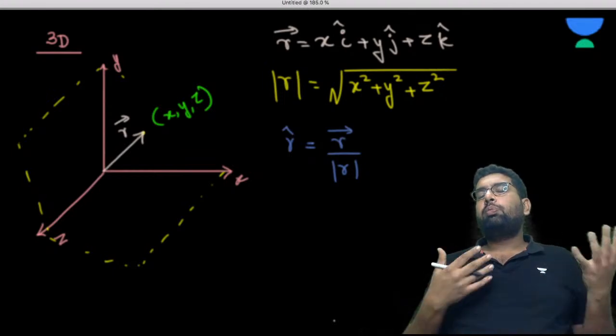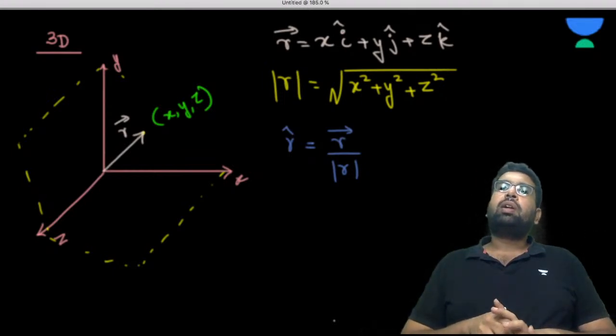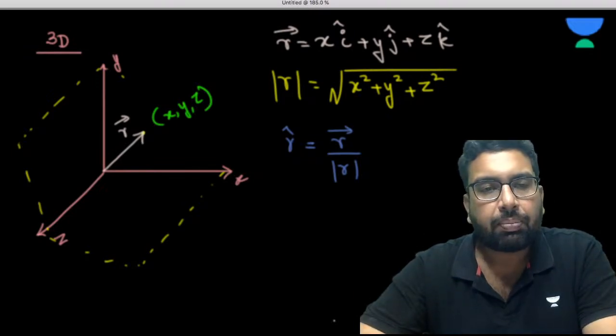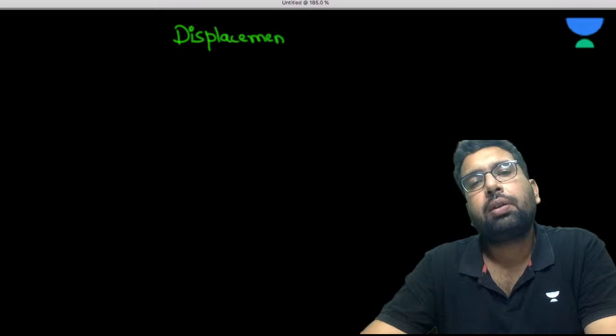From the word displacement we come up with this word displacement vector. And see, it is very simple. I'll just tell you.